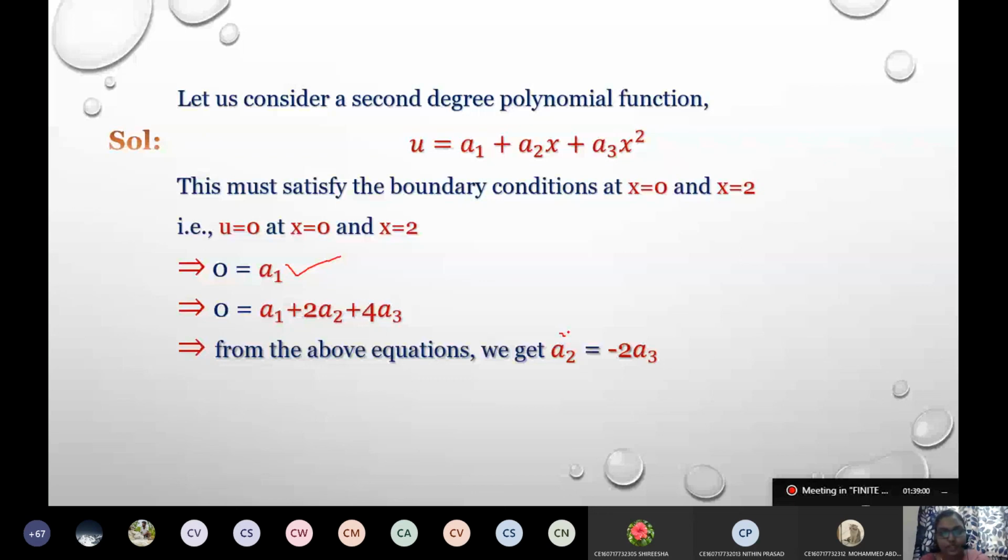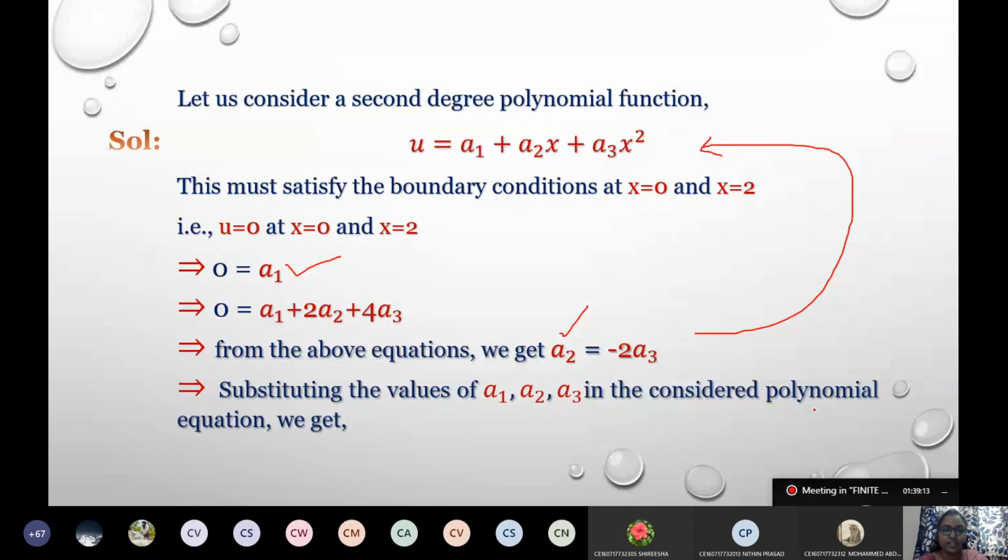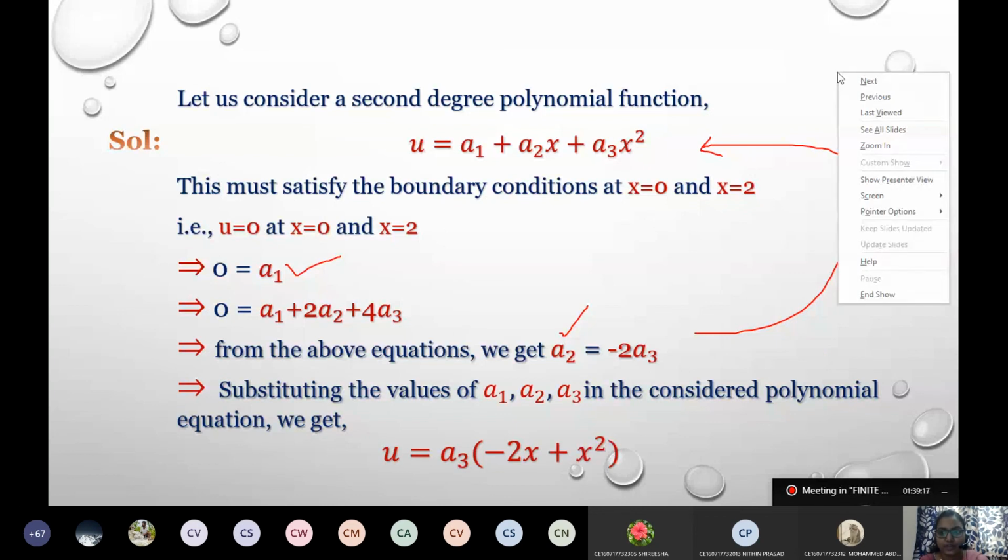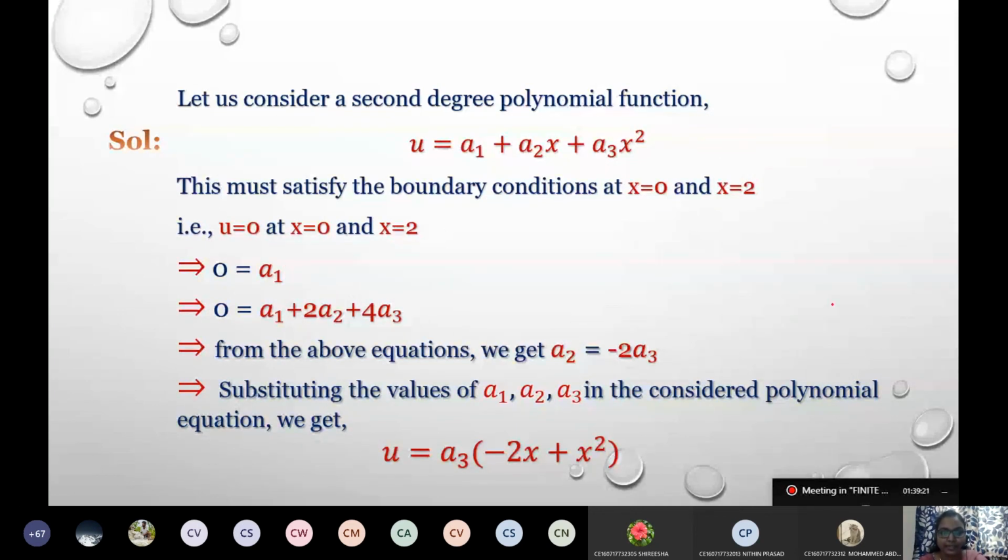So the arbitrary constants that we have taken in the polynomial function, all three values, what we have to do is substitute in the taken polynomial equation. This is the final equation you get if you substitute the values of a1, a2 and a3 in the considered u value. So let us take this as equation number 1.